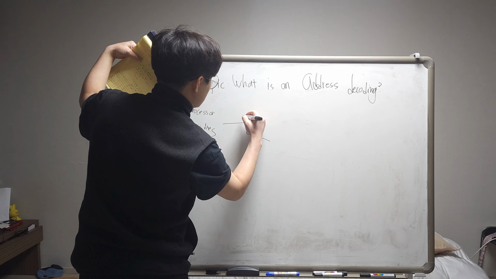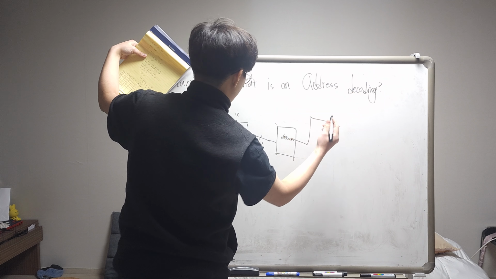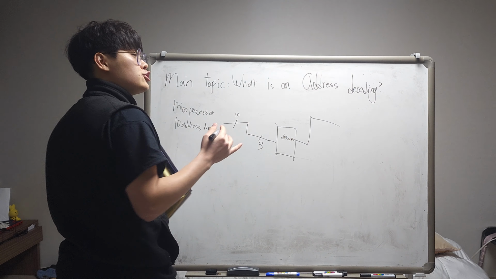So there will be some kind of decoder here, and it depends on how many chips it has. Let's assume that we need 8 memory chips. So there's going to be 1, 2, 3, 4, 5, 6, 7, 8. Sorry about the drawing, but let's just skip this.